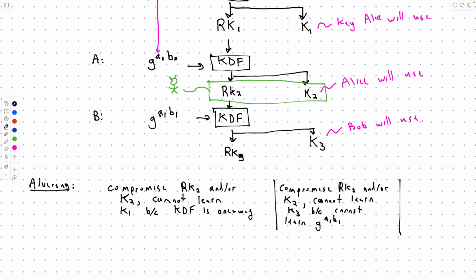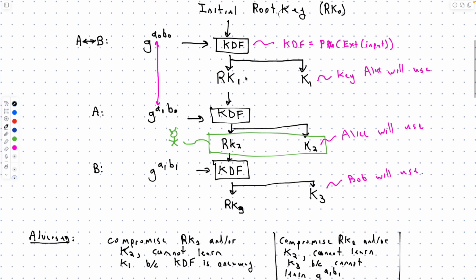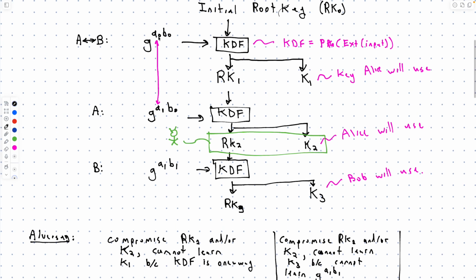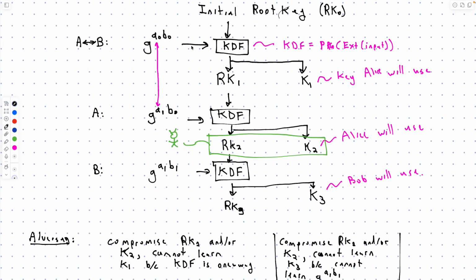What if I can control, let's say, forget about the green square for a second. So pretend I don't know any of the keys. I don't know RK1 or any of that stuff. But somehow I'm able to corrupt the channel here, and so I can choose messages to feed into the KDF. So I just pick a message 10 or whatever, and I feed it into the KDF. Am I able to determine what K1 or RK1 is?